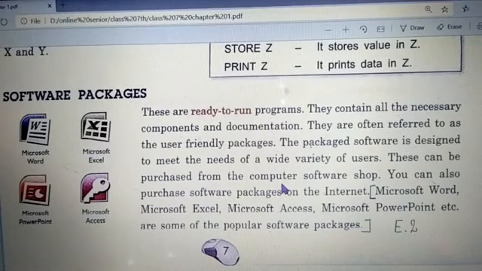So whatever users are in need of, these packages help a user to do that. Like Microsoft Word, if you want to make a file or a document, Word is used. If you want to make a presentation, this has been designed for that. It is a ready to run program. So these are software packages.